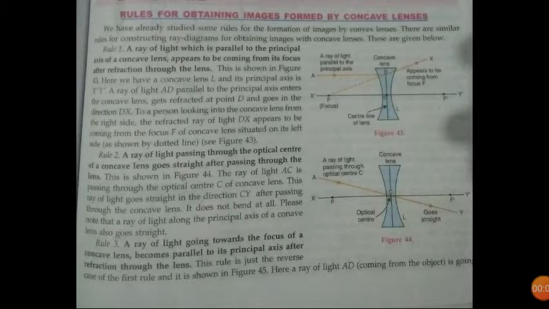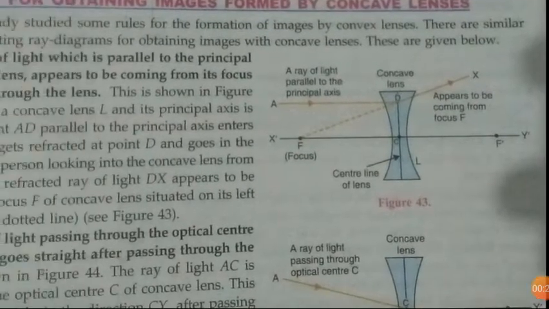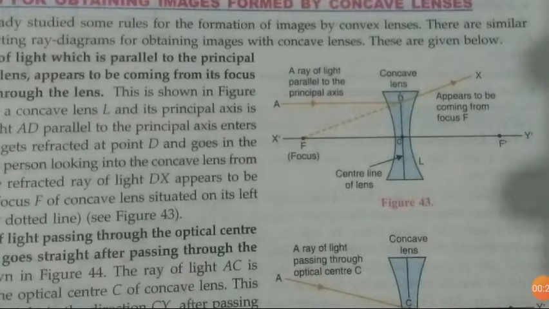Today we are going to study the rules for obtaining images formed by a concave lens, and then we will see how the images are formed in this case, in concave lenses. So here in front of you, you can see two diagrams. When the light is parallel to the principal axis, after refraction, that means after passing through the lens, it will pass through focus.